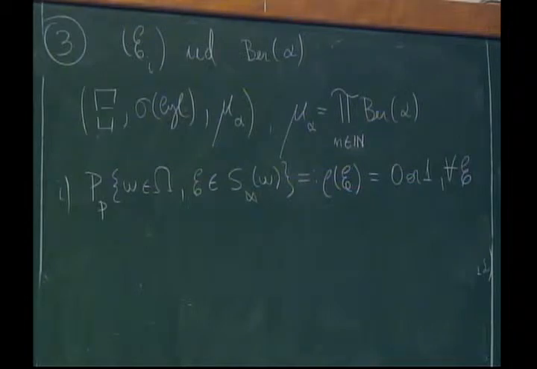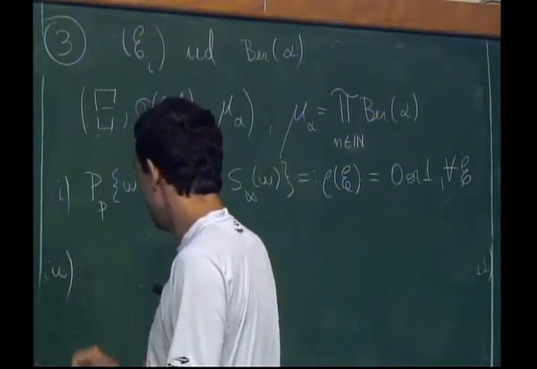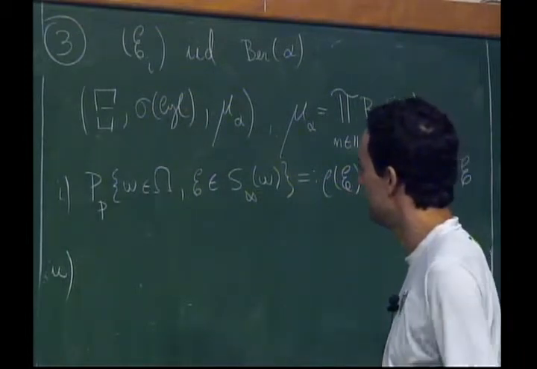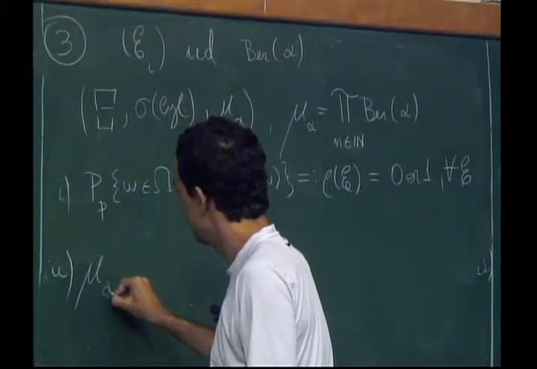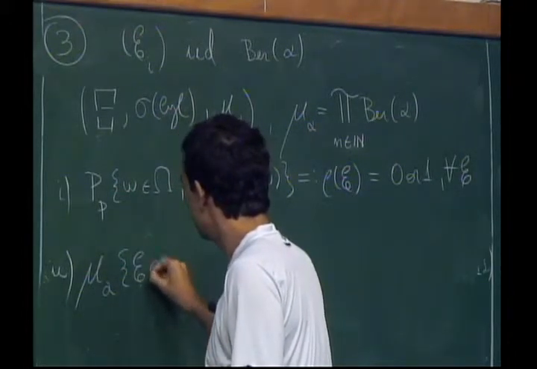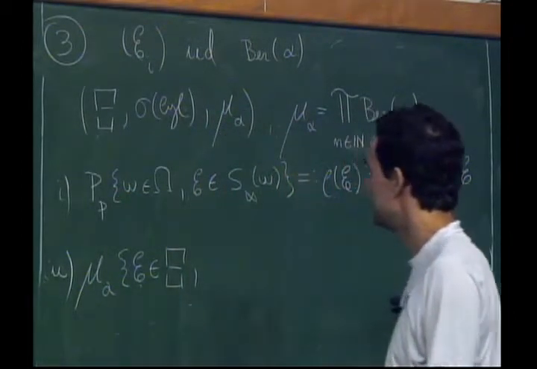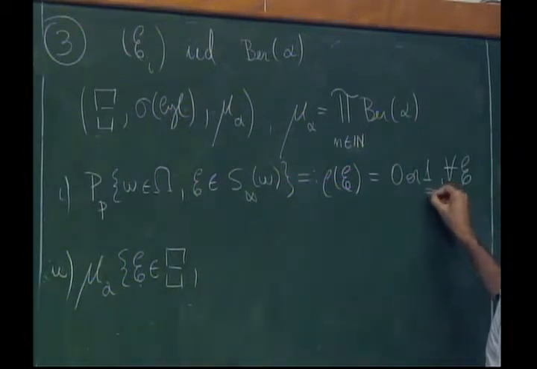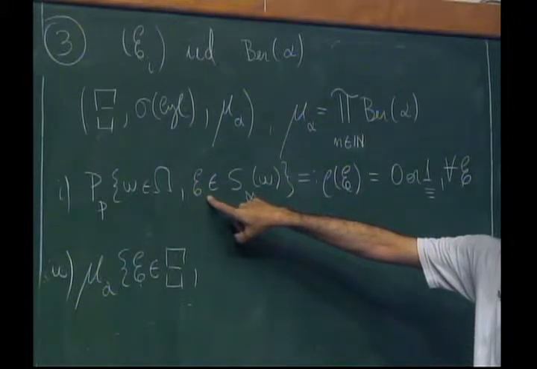The second part is more interesting. It's a very smart application of Kolmogorov's 0-1 law. The measure of the set of the words such that, and sorry, when this is 1, we say that the word xi percolates.